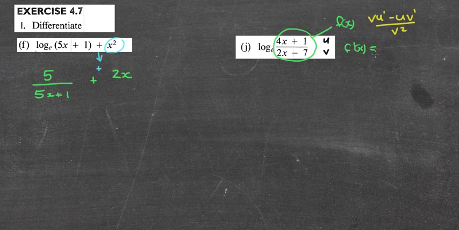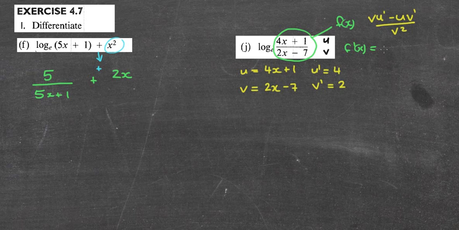So if I'm going to look at my f dash x is equal to, well, it's not actually a bad thing to do also, is to write out your u and v separately. So u is 4x plus 1, my u dash is just 4. My v would be 2x minus 7, my v dash would just be 2. If you write them out separately, it can be a little bit easier when you're putting it all together.